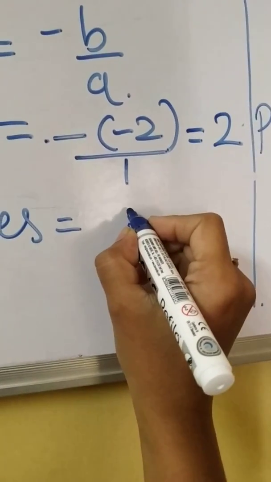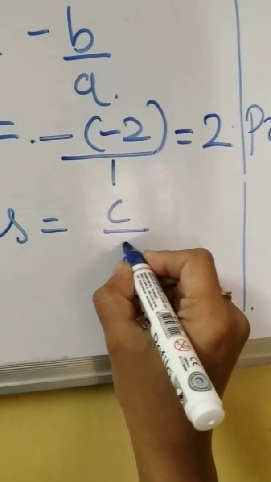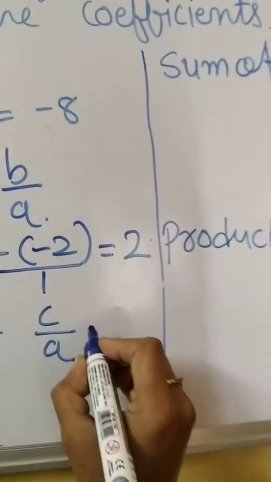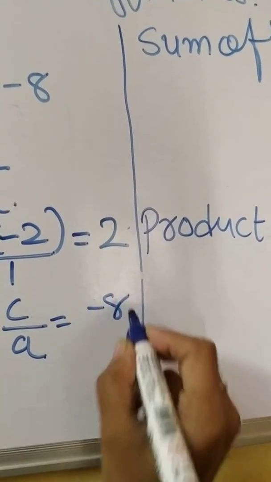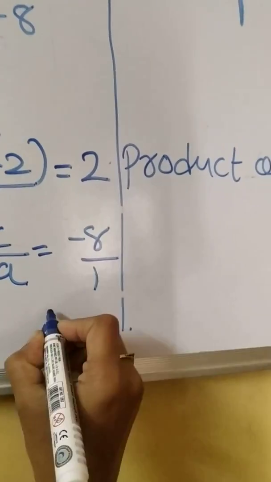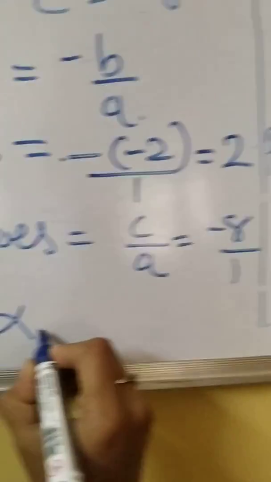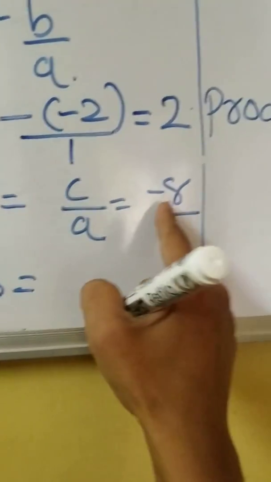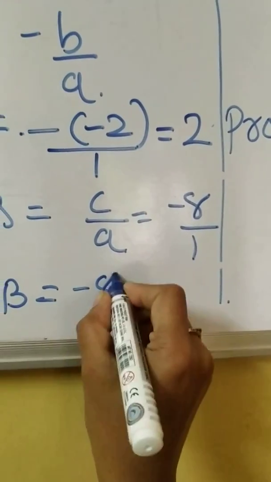So I already told you that the product of the zeros is c by a, means you have to check your c. Your c is minus 8 with the symbol, you have to write, and the value of a is 1, so you have to write 1 over here. Means your product, means alpha into beta, is equal to minus 8.